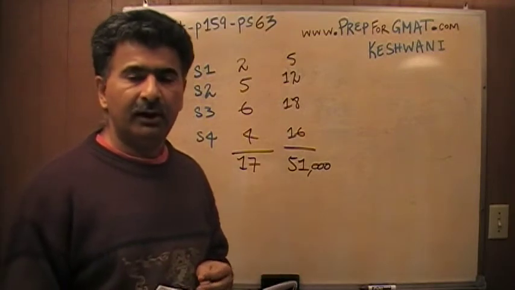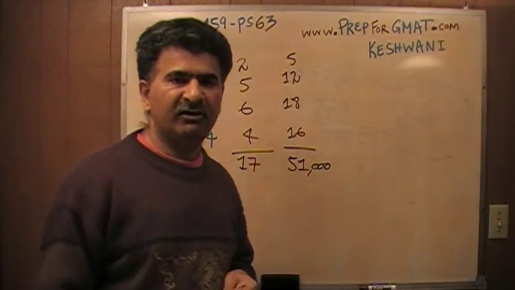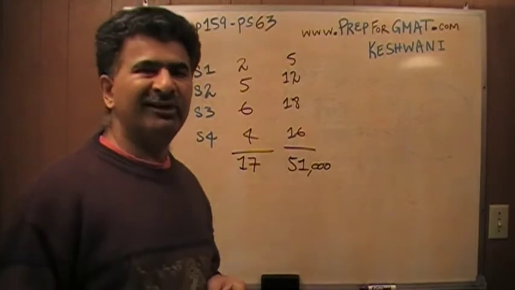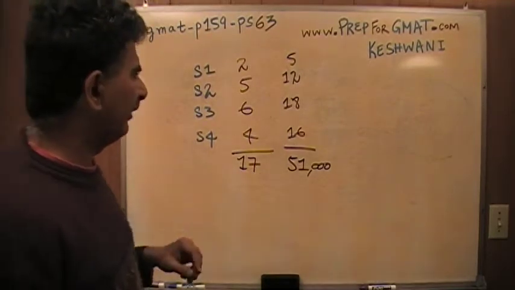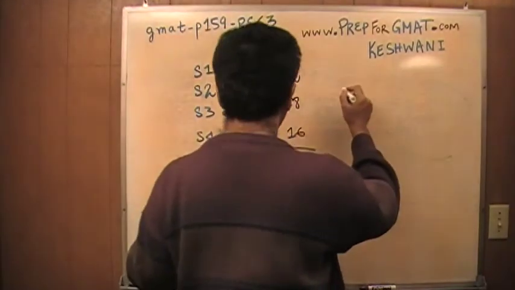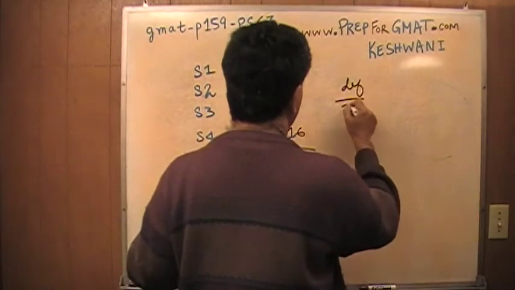The question simply is, how many defective chips can I expect to find in a shipment of 60,000 chips? It's very simple. Set it up as a ratio. Here's the defective chips, here's the total.